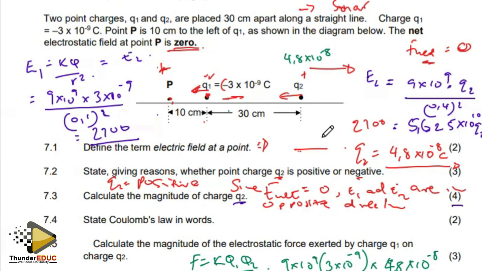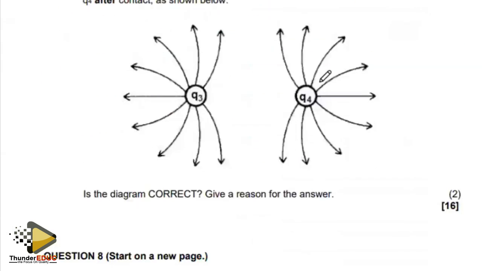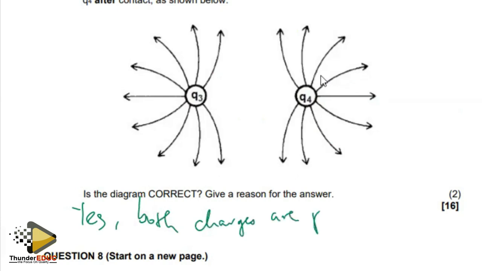I get a positive answer. I divide it by 2, which means it's correct since the field lines are moving out. So the answer is yes, because both charges are positive and equal in magnitude.